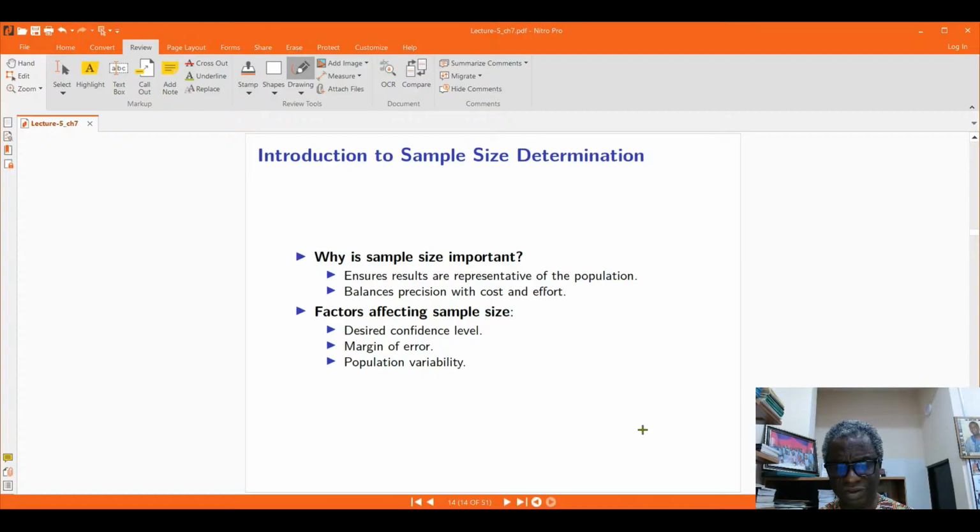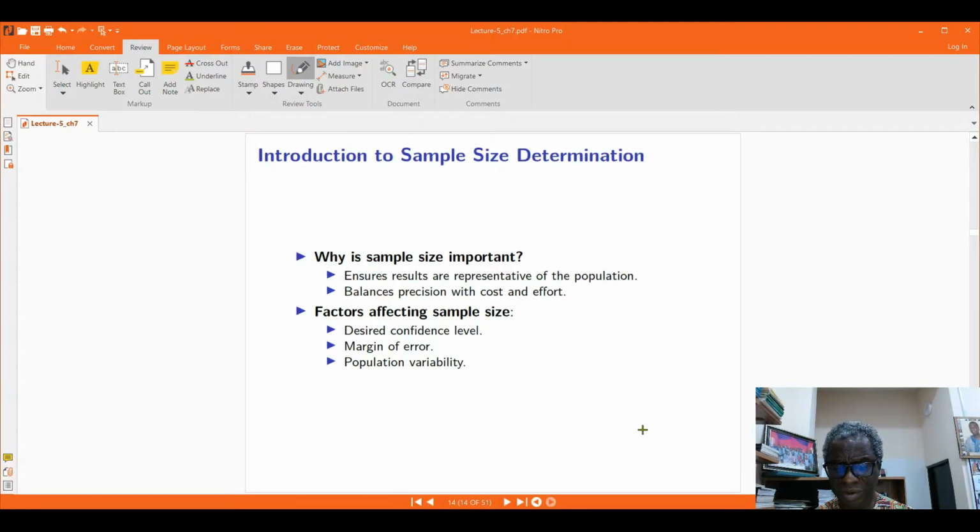So factors affecting sample size include the desired confidence level that we choose, the margin of error. We have discussed all these concepts. For instance, the desired confidence level could be 90% confidence level, could be 95% confidence level, could be 99% confidence level, or any value in that range, 90 to 99.